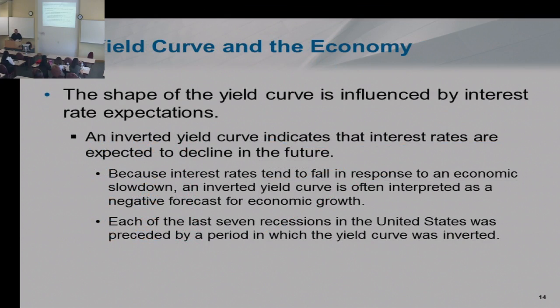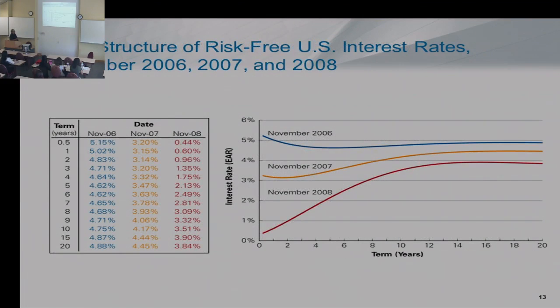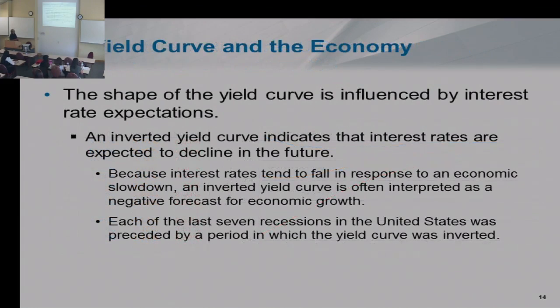What that can tell you is that the shape of the yield curve is influenced by interest rate expectations. An inverted curve, downward sloping, indicates that interest rates are expected to decline in the future. Why? Because of an economic slowdown.